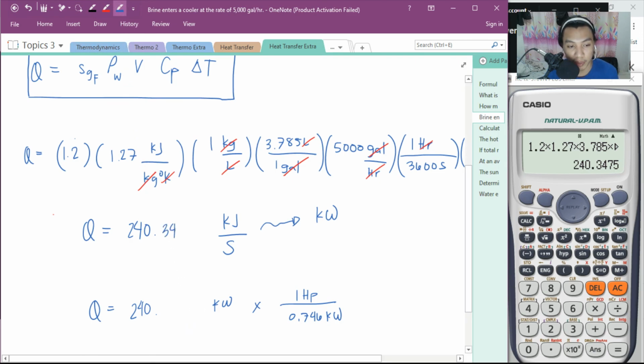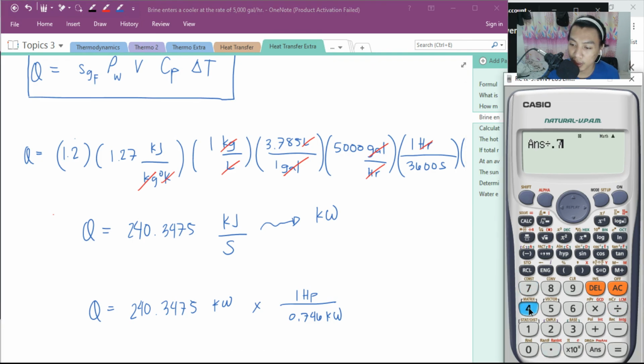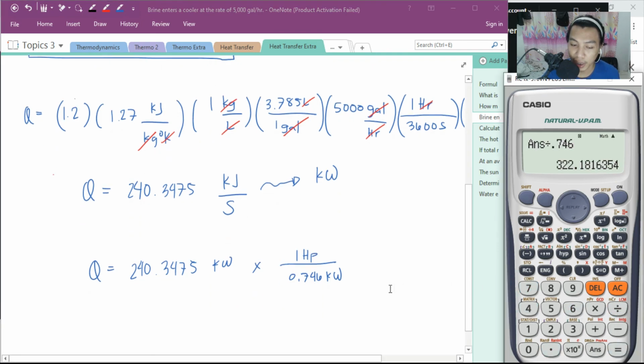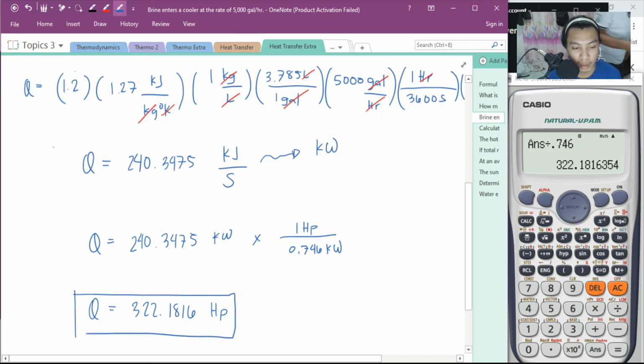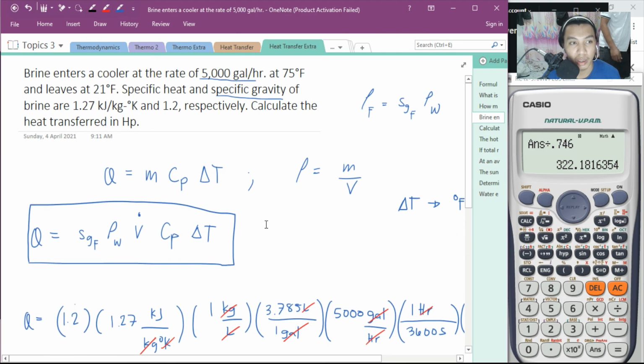Divided by 0.746. The answer is 322 HP. Q is equal to 322.1816 HP. That is the heat transferred in your cooler. Okay? Let us take a 5-minute break.